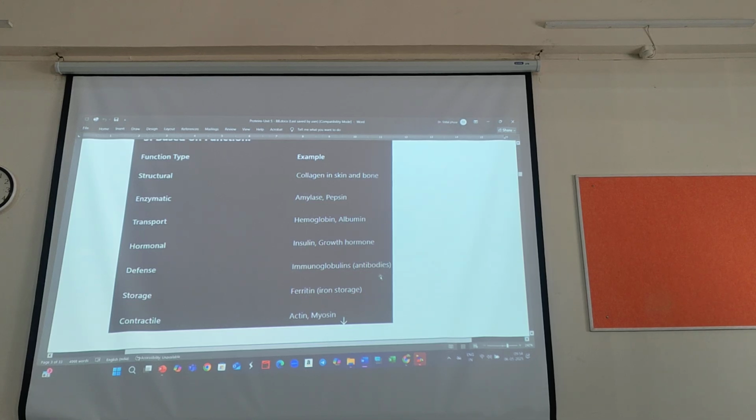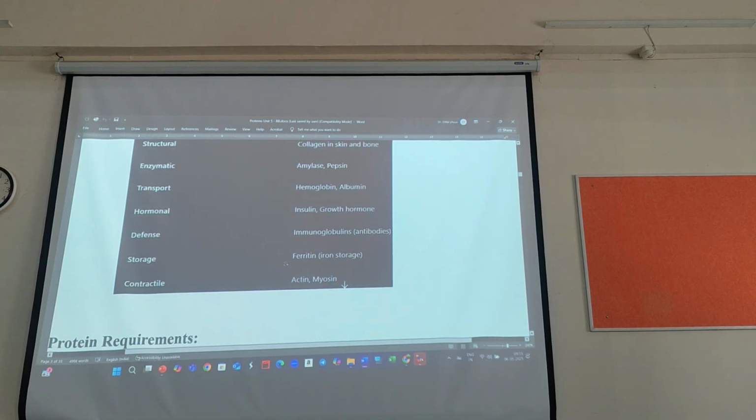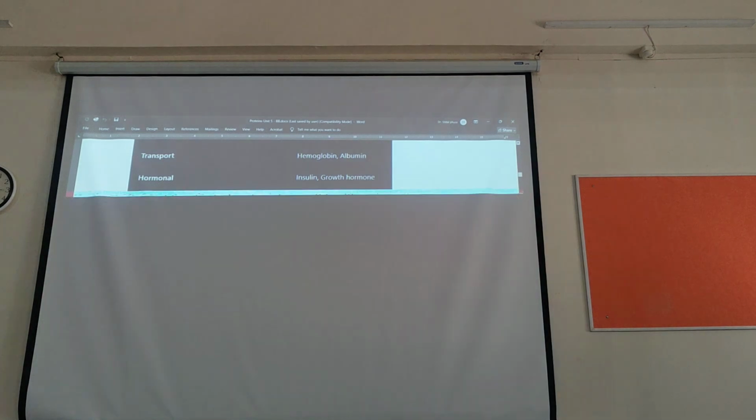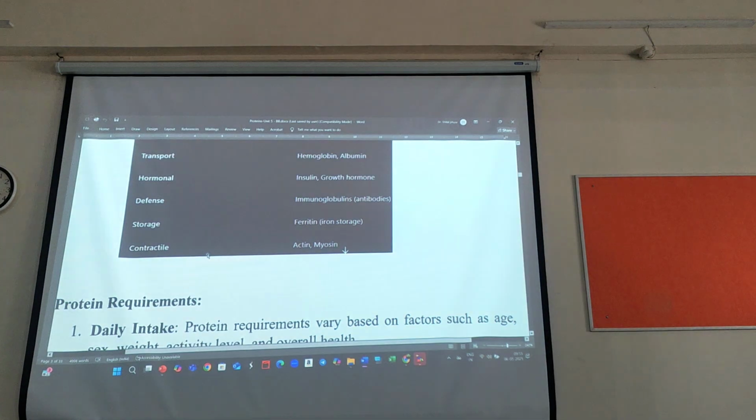Then storage. Ferritin is one of the proteins that stores iron. Then contractile, the muscle proteins, actin and myosin. So these are the classifications of the protein.